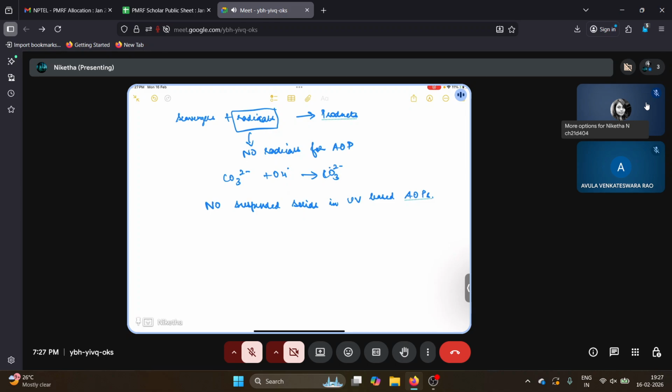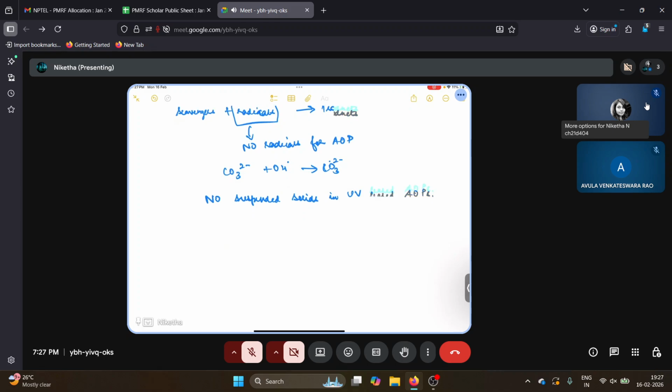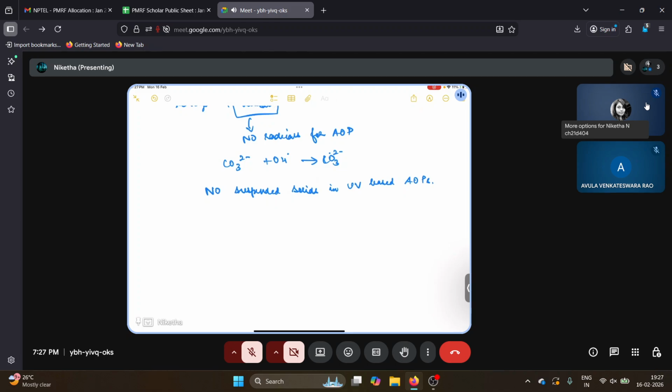Therefore the pollutant oxidation cannot happen effectively, because only if UV radiation is there will hydroxyl radicals be generated, and hydroxyl radicals will break down the pollutants. But if suspended solids are there, they'll scatter the light and won't allow effective penetration. This phenomenon where the UV radiation gets wasted is called light wasting. Basically, the light is entirely getting wasted because it gets scattered instead of absorbed because of the presence of suspended solids.